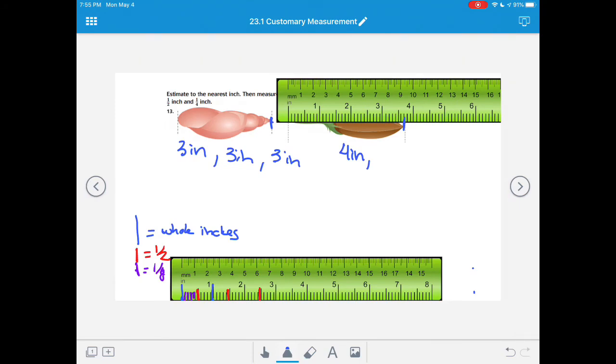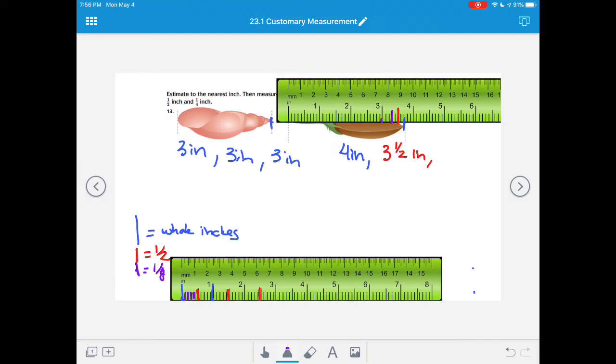Then to the nearest half inch would be this mark right here on the ruler. So that would be 3.5 inches is how I write that. And then to the nearest 1/4 inch, I see that I have here, a 1/4 would be halfway in between the halfway mark and the whole mark over here.